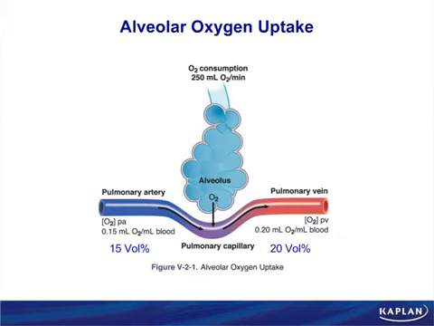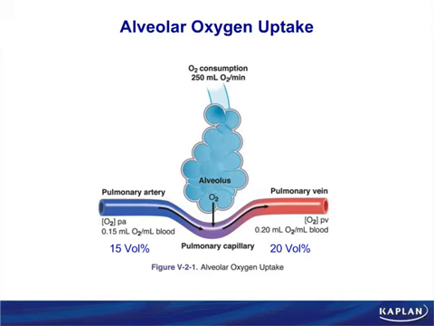All right, here's the application. So here's how we could calculate a cardiac output. Notice that we have pulmonary artery and pulmonary vein. We're going to say pulmonary artery, which has venous blood, oxygen content is 15 volume percent. And again, we can rewrite that to say 0.15 mils of oxygen per mil of blood, because notice that oxygen consumption in the lung is 250 mils of oxygen per minute.